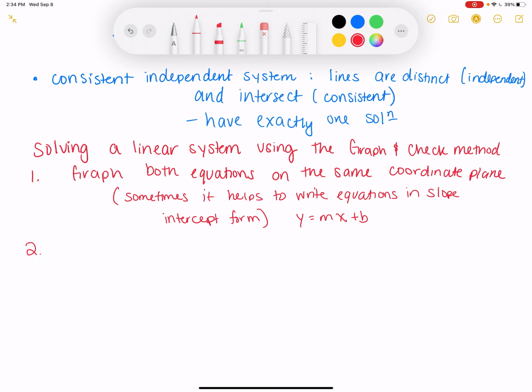So then the next step is to estimate, which is kind of just a guess. That's why I would recommend graph paper, just because you have to find a particular point that intersects, and if you're even a little bit off, it'll throw your answer off. So estimate the coordinates of the point of intersection.